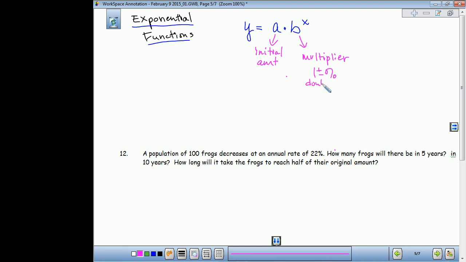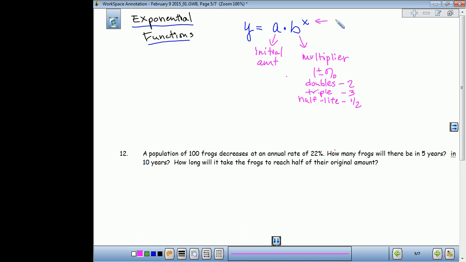If we saw the word doubles, what would the multiplier be? 2. Or if we saw words like triple, what would the multiplier be? 3. Or if our example involved half-life, 1/2. So these were some of the multipliers we used last year.